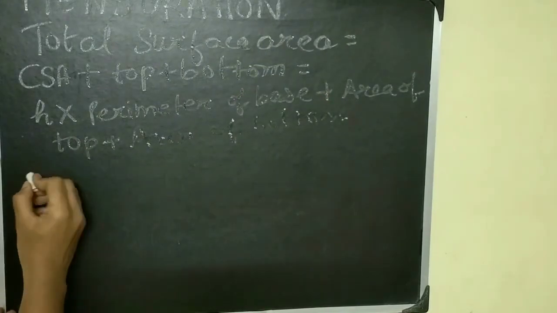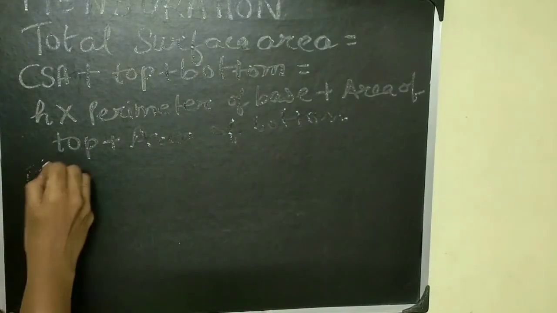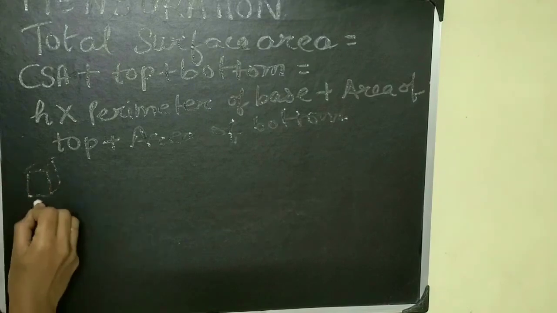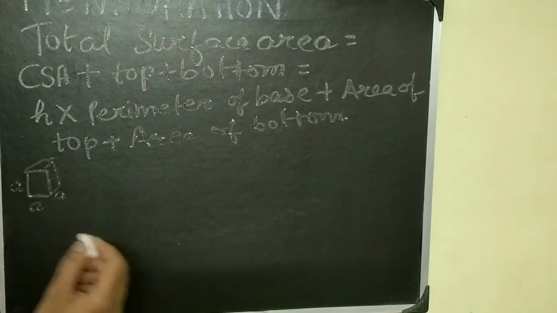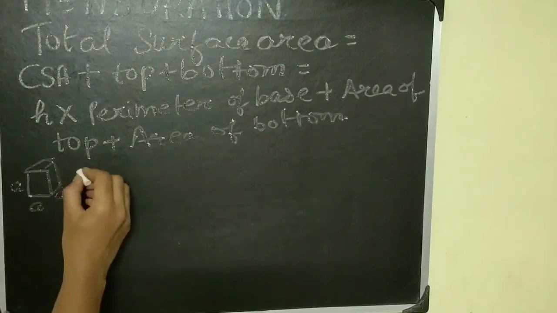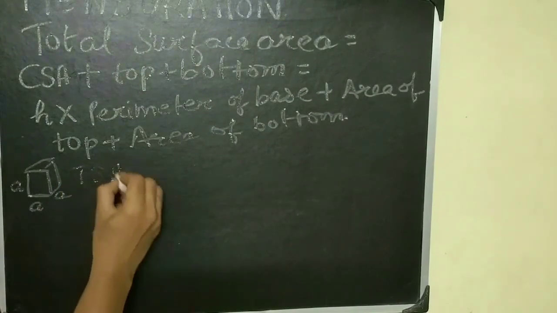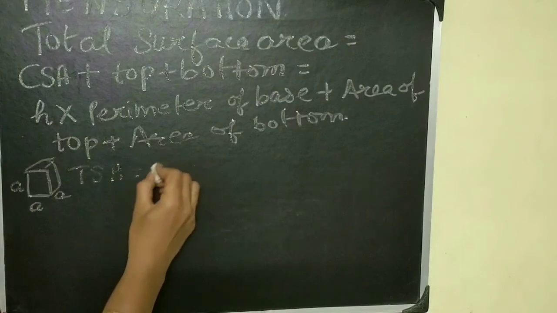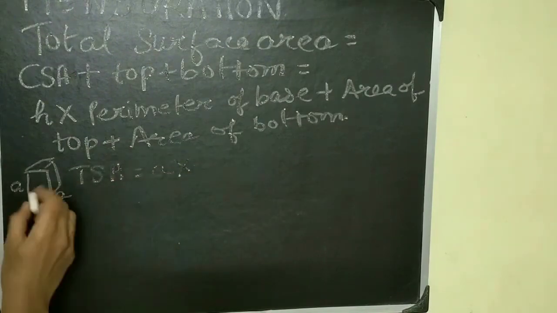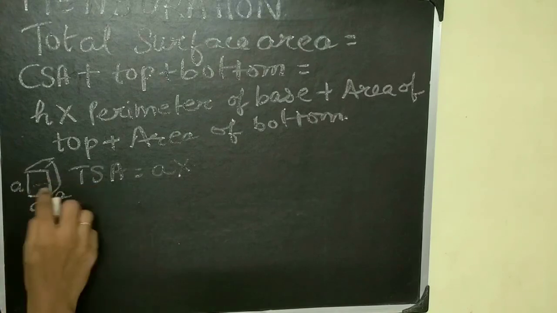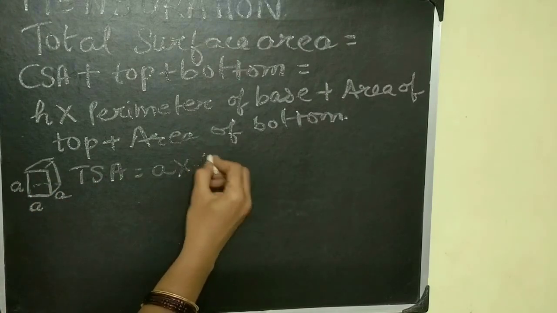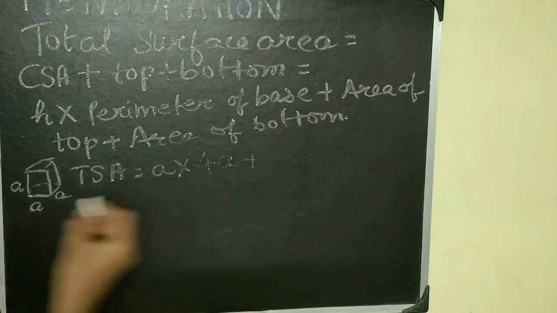Let me take the cube. A is the dimension on all sides. So what will be the TSA? TSA will be height A into the perimeter of the base, which we already found to be 4A as it is a square, plus the area of the base.